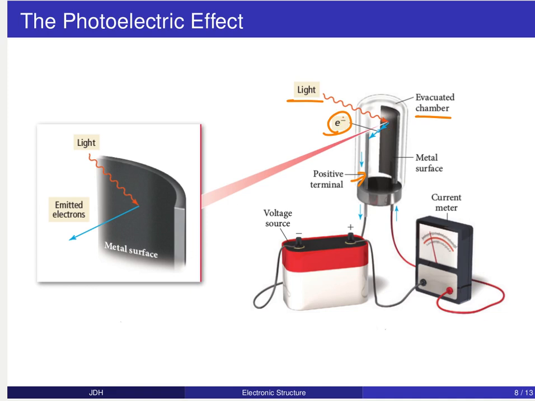And remember, electrons are negatively charged, so if we've now introduced a moving charged particle, we can form an electrical current. If we set this whole setup in a circuit with a battery and a meter that allows us to measure current, then we can effectively monitor for when electrons are kicked out. If an electron's kicked out, then you have charges that can move, you can complete this circuit, and you're going to see a current.